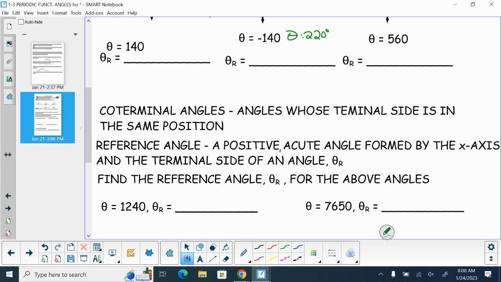So it's an angle formed by the x-axis and the terminal side. Doesn't matter which x-axis we talk about. It is an angle formed, it's positive, and it's acute. I guess it could be right.